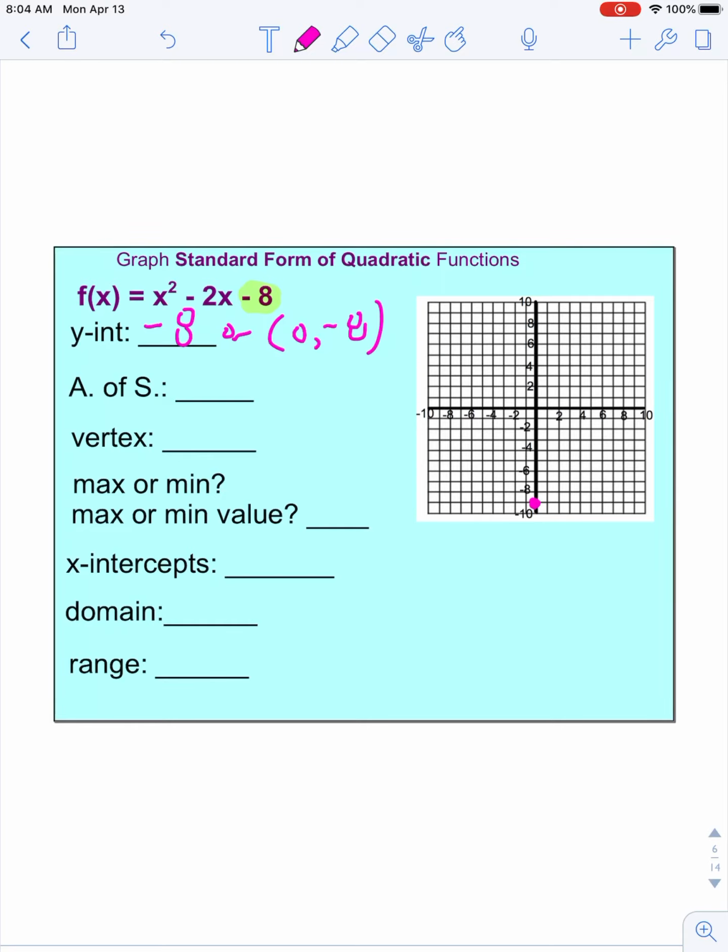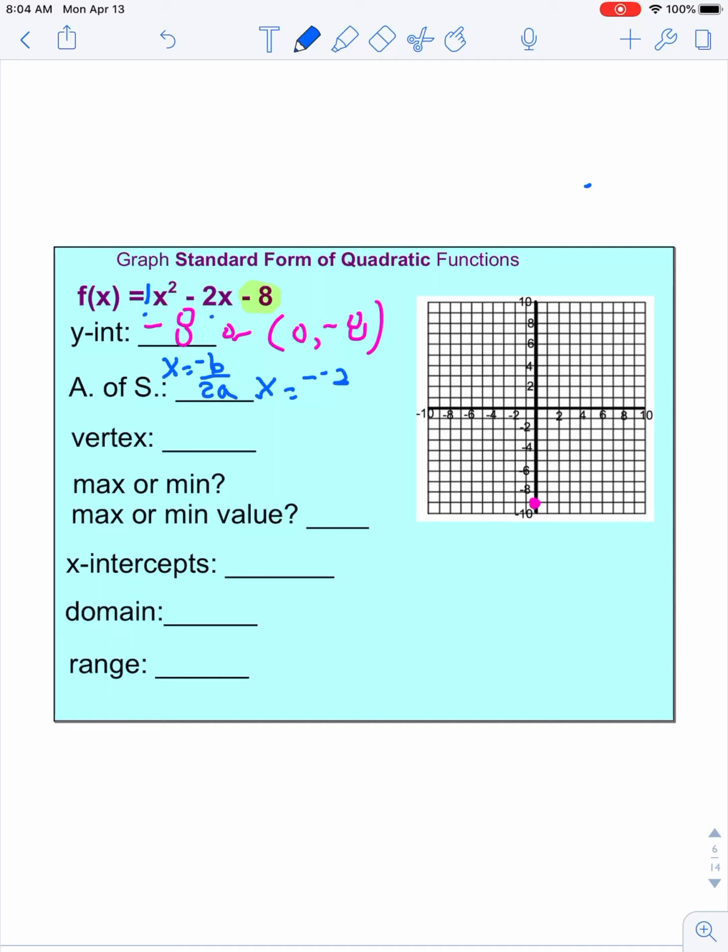Our axis of symmetry, that is the equation of the line that passes through the vertex. And our formula for axis of symmetry is x equals -b over 2a. So I take my a value right here of 1 and my b value of -2. These are the two values I need. So my axis of symmetry is going to be x equals the opposite, so -b.